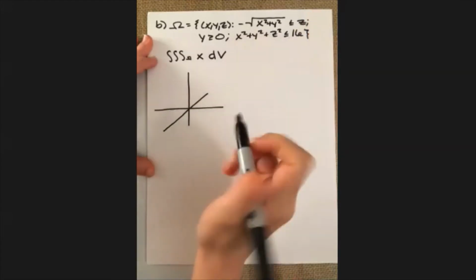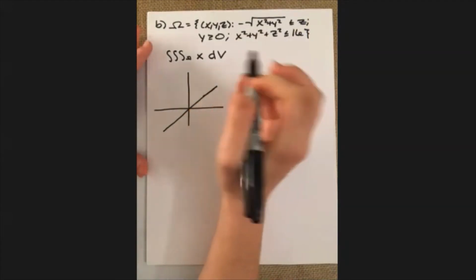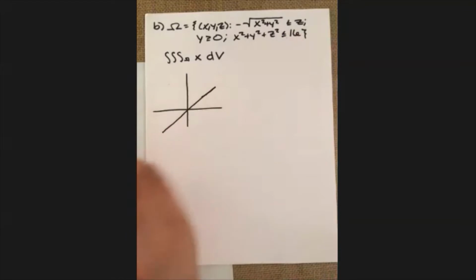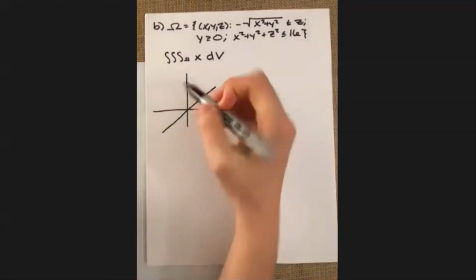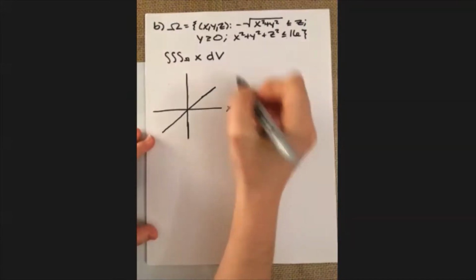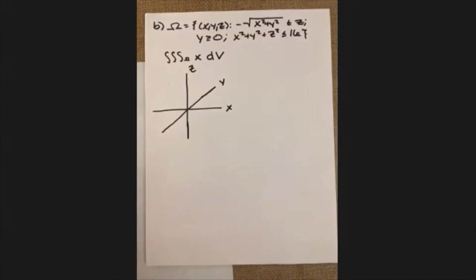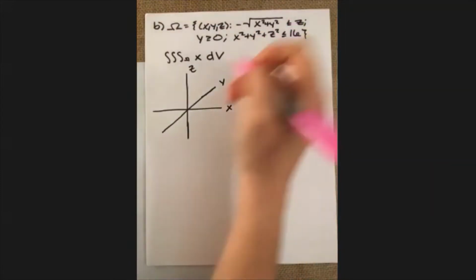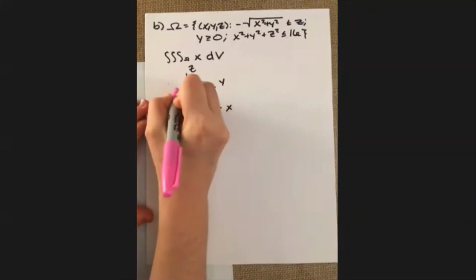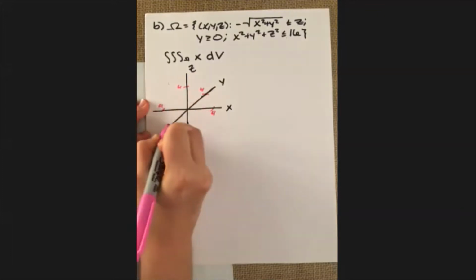I'm going to start by sketching that sphere, and then we'll fill in the rest of the information on it. So my sphere has radius 4 is what that tells me right there. Okay, label my axes. So 4, 4, 4, 4.